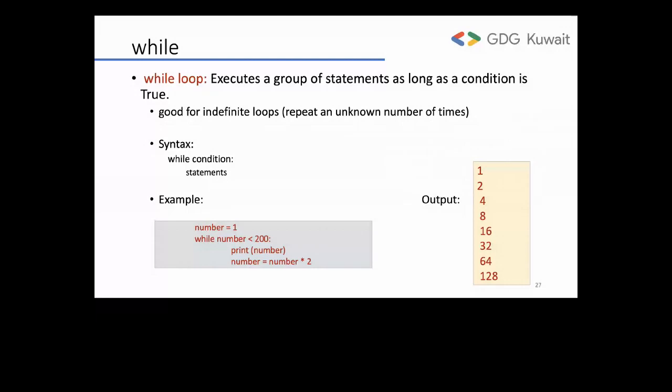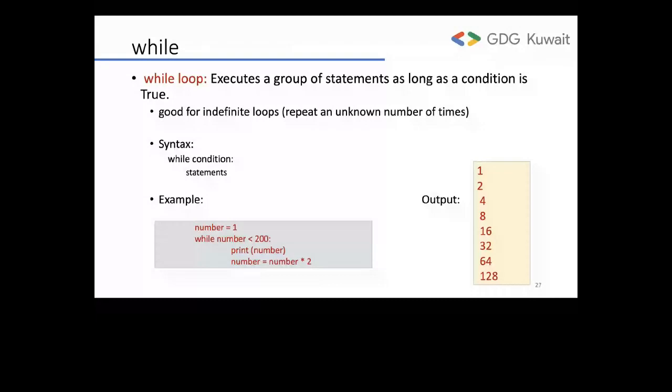Okay, so first it will print 1, then 1 times 2 gives us 2, 2 times 2 gives us 4, 4 times 2 gives us 8, etc. Till it reaches 128, because the next number, 256, is greater than 200, so it will stop here.